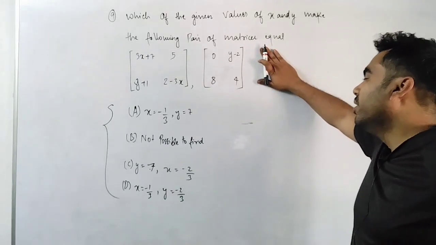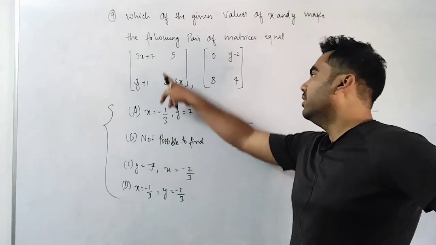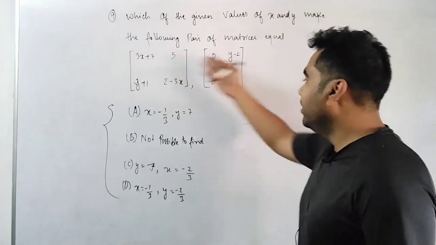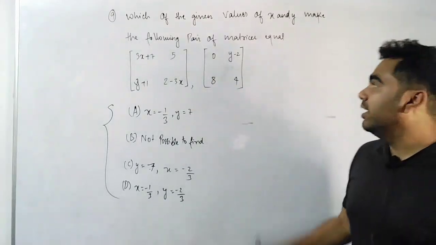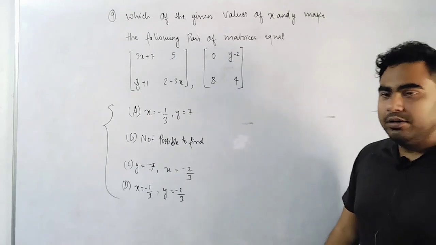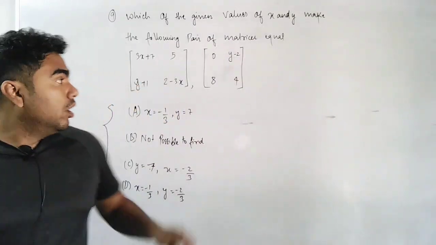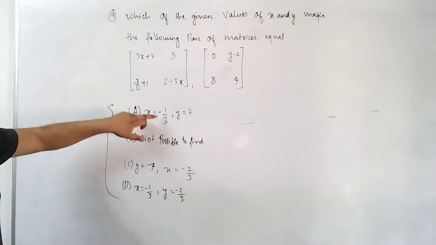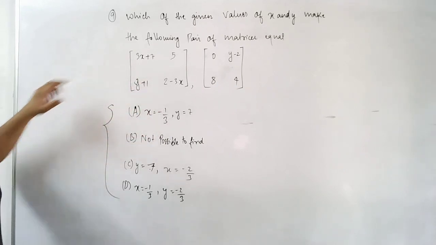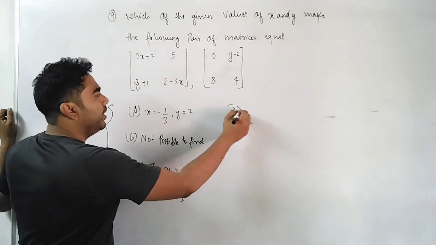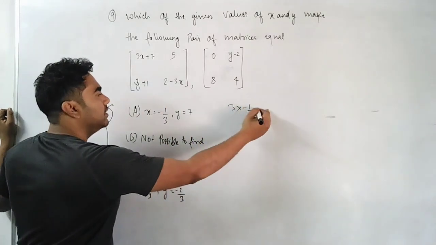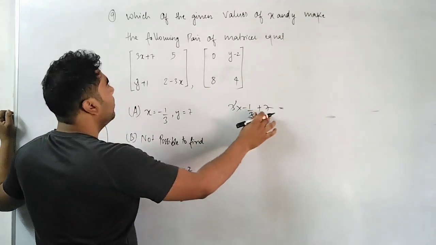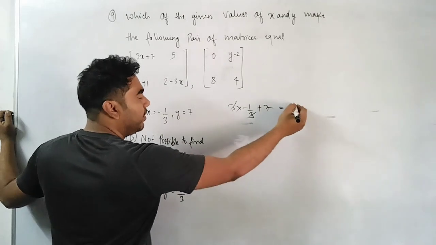So here we simply plug in the values and check which option satisfies the matrices, in order to say both are identical. Now if we put x is equal to minus 1 upon 3, then 3 into minus 1 upon 3 plus 7, the 3 cancels, this will become minus 1 plus 7, that is 6.